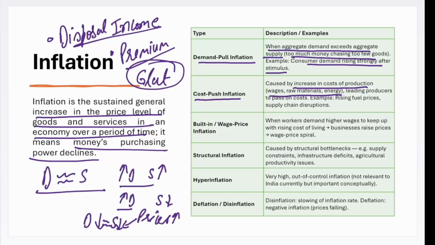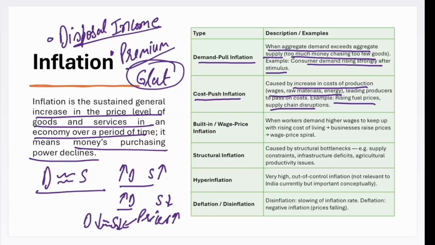So when the cost of input goes high, the producer transfers it to the customer, or the consumer. Rising fuel prices, if the government raises fuel prices because crude oil has gone expensive, that is a cost push inflation, right?